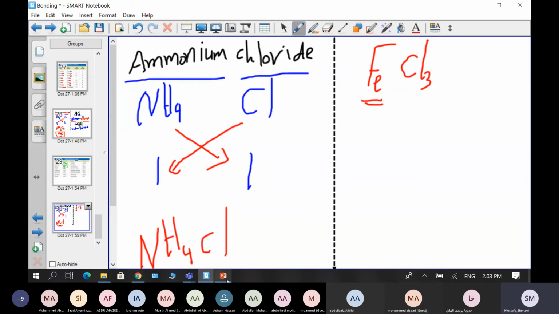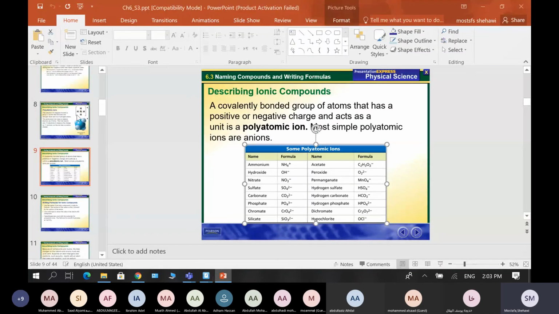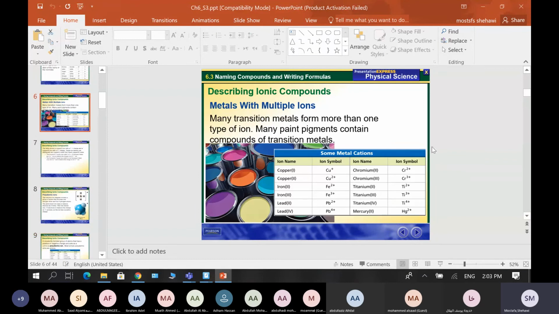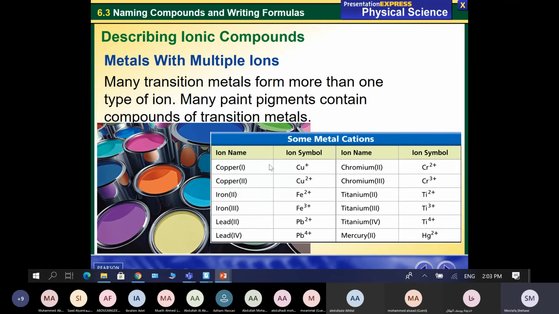Let's go back to this one and show you something very important here. So in this table, you will find some metals, cations, from the transition elements that have more than 1 oxidation number. Copper, for example, has 1, and sometimes it has 2.